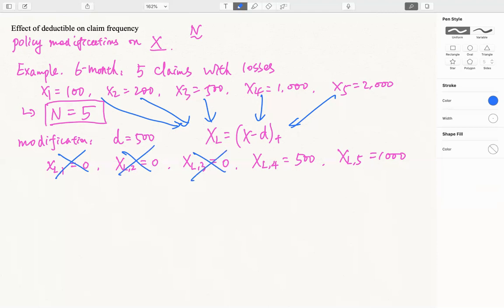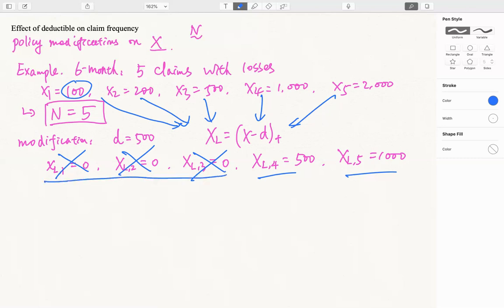So essentially, to the insurance company, or to me as the chief actuary of this tiny company, there are only 2 claims, right? 4 and 5. The first 3 are 0 to me. Of course, they are not 0 to the customers. Customers need to pay: the first one needs to pay 100, the second one 200, the third one 500. But my company doesn't need to pay anything, because after applying the deductible, they are 0.